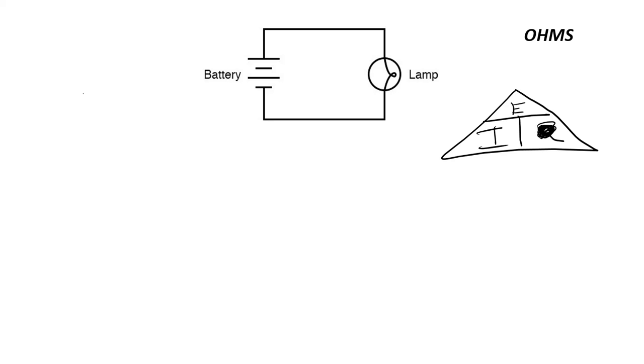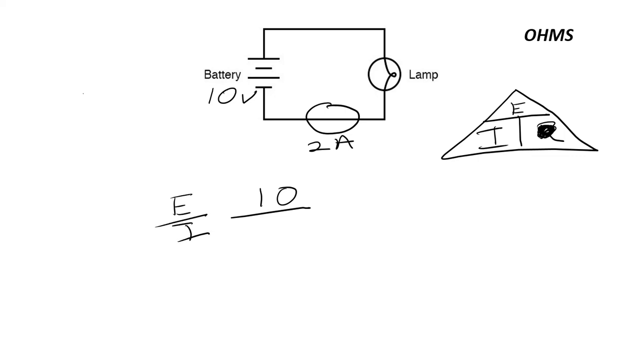I'm going to go back here and look. I had 10 volts. I had 2 amps. So E is what? 10 divided by I. So let me write that out over here. E divided by I equals 10 divided by 2.